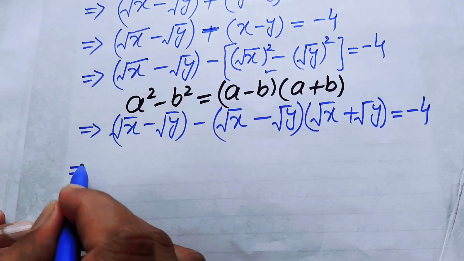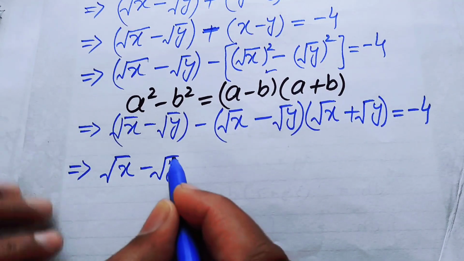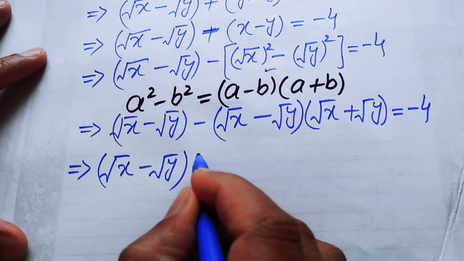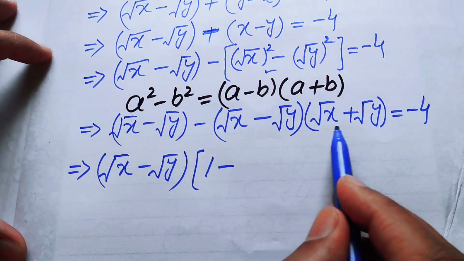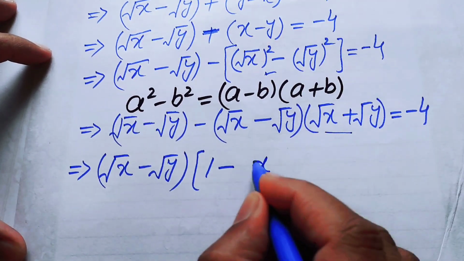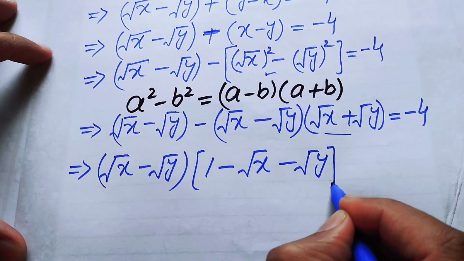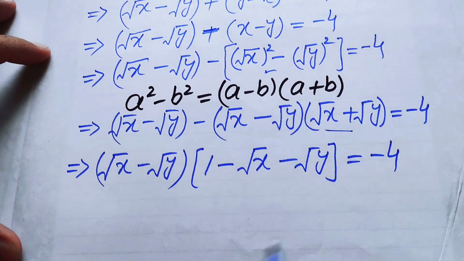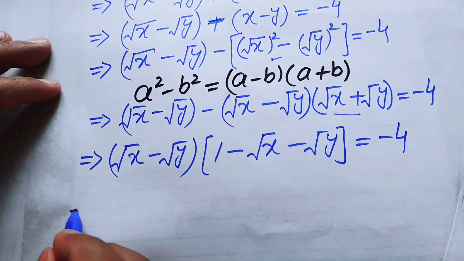After that we take common the factor square root of x minus square root of y, and we get 1 minus (square root of x plus square root of y), equals minus 4. Then we multiply both sides by minus 1.